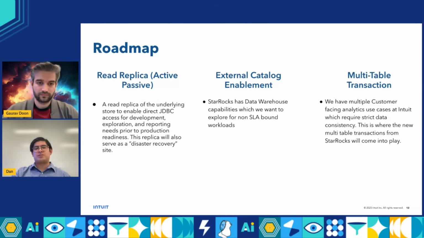Corollary to that, we also plan to use the external catalog features that StarRocks provides to connect to our data lake directly. We've talked about real-time use cases, but we also want to combine the real-time data with the richness of our data lake, and using the external catalog feature will allow us to do that.